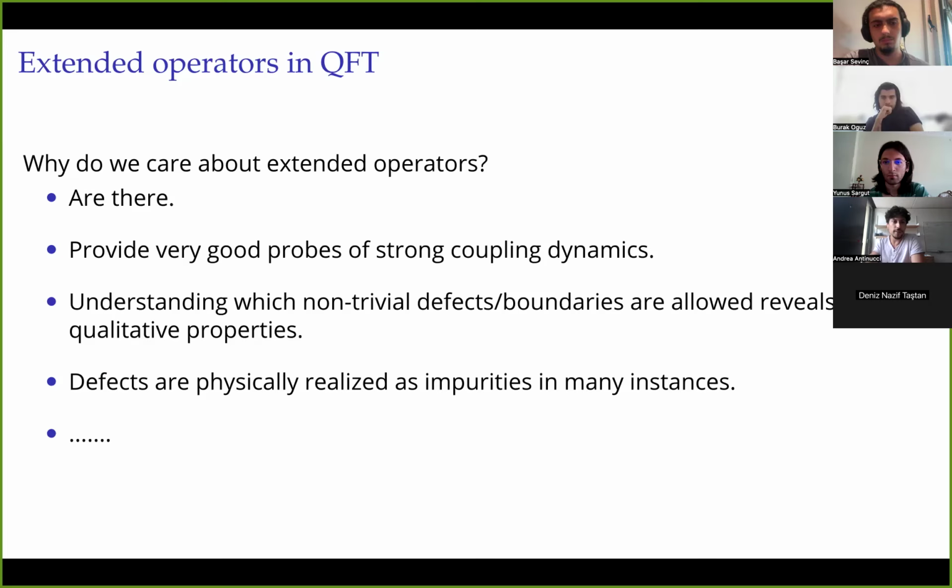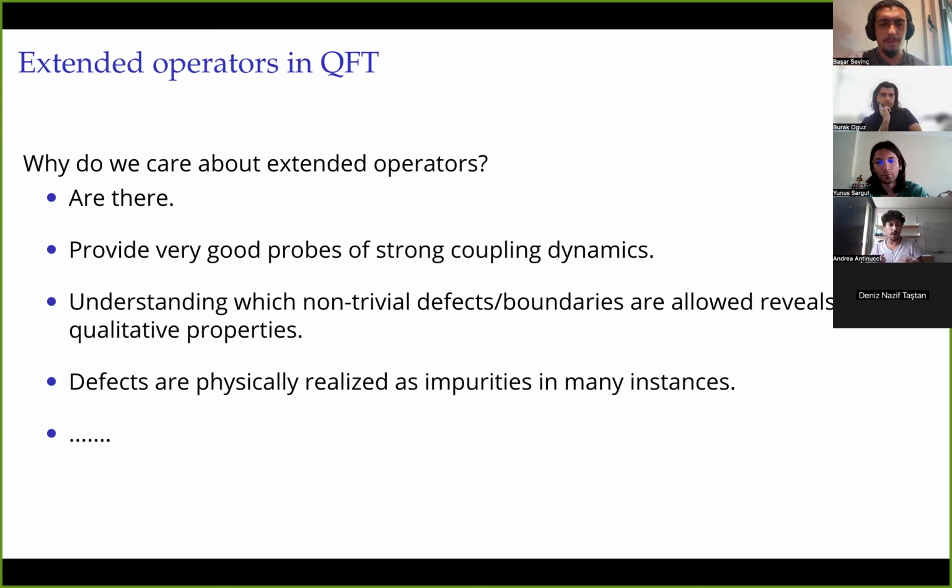For sure, we should care about them because they are there. So why not care about them? And moreover, they are very good probes of strong coupling dynamics. So even if somebody wants to say, no, I don't want to care about extended defects, I only care about local operators, there are several properties of quantum field theory that are much better probed if you study the dynamics of defects. Typical examples are Wilson and 't Hooft lines in gauge theories that can probe, for instance, confinement.